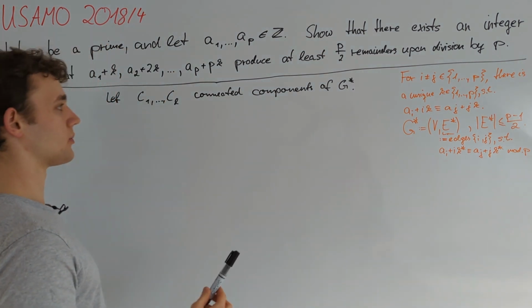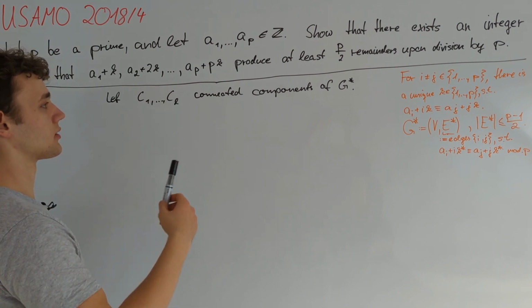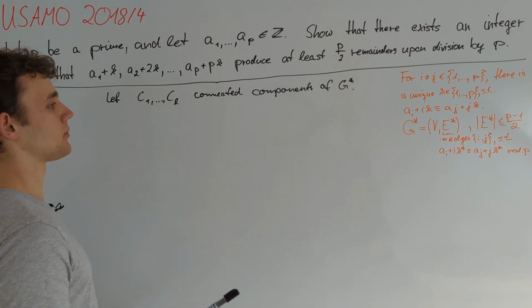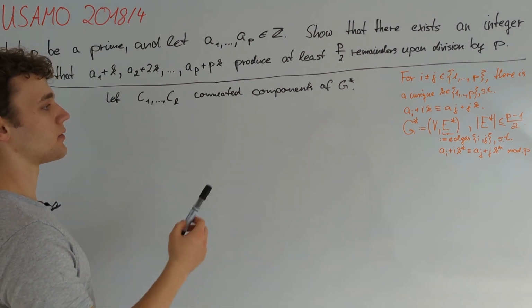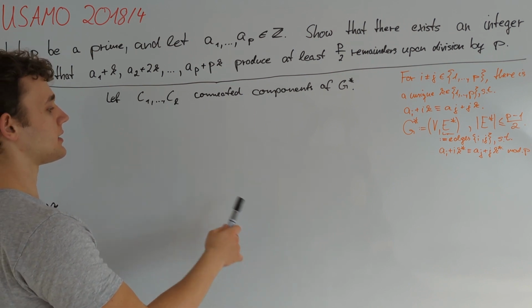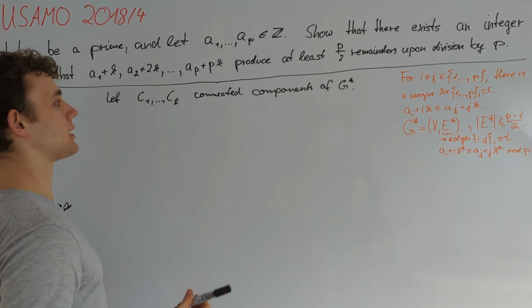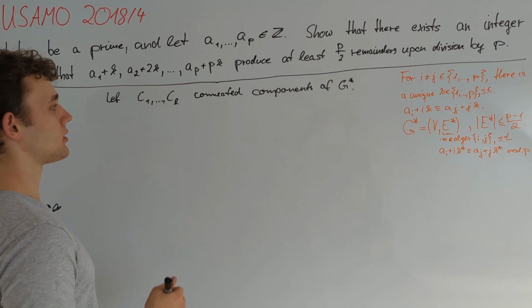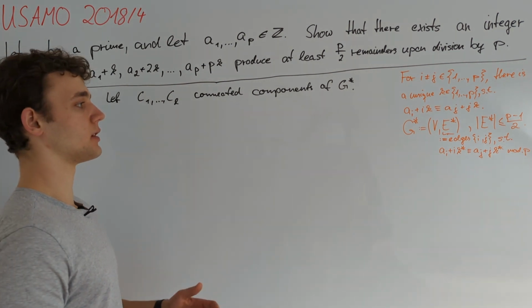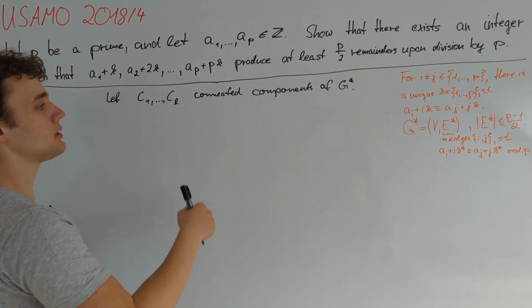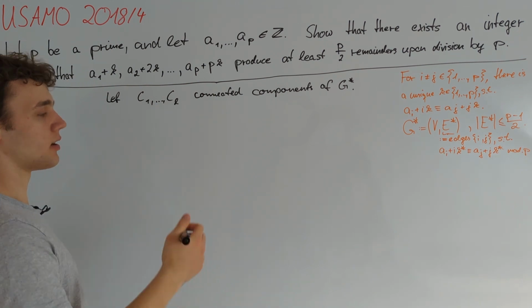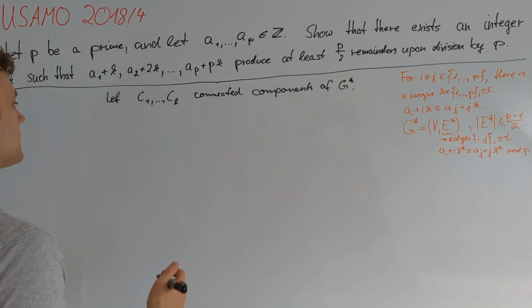Each of the connected components of G star induces a connected subgraph in G star. Furthermore, every edge of G star has its endpoints lying in the same connected component of G star. So we can use the just derived inequality on each of those components and sum it up to obtain a lower bound for the size of E star.